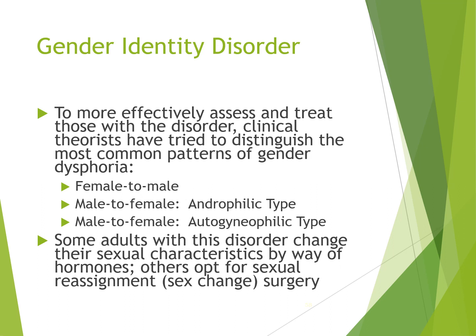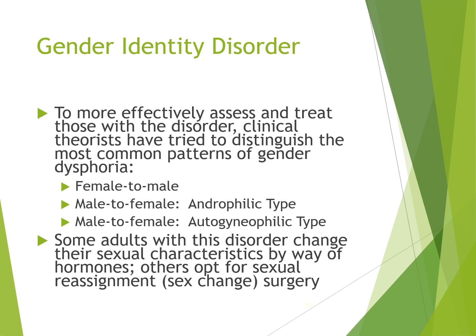So, to more effectively assess and treat gender identity disorders, it's important that you look at various factors and you prepare the client psychologically on what this could involve. For example, if they want to be assigned the other gender, it's very, very important. Some of them are female to male, others are male to female.